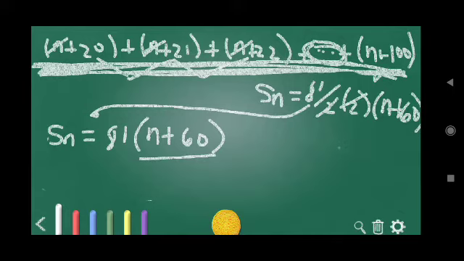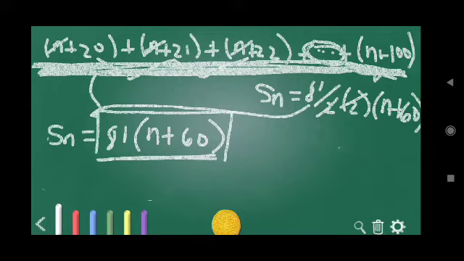So this answer, 81 times n plus 60, is now the sum of all the expressions in the given problem. That means the number formed by all the expressions combined in the given problem is 81 times n plus 60. Now, we are asked to solve for the value of n which will make this number a perfect square.